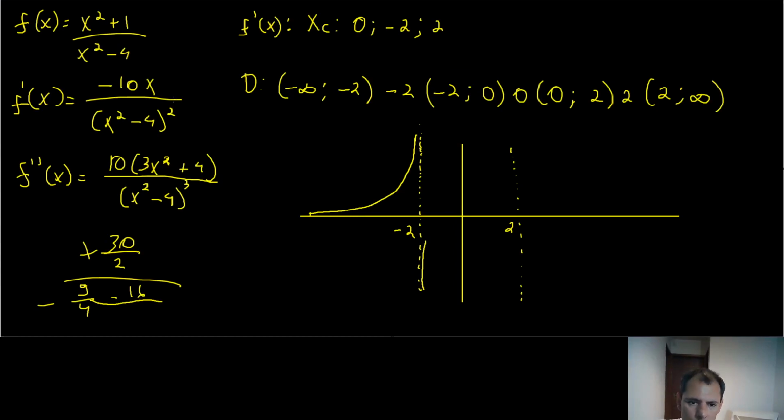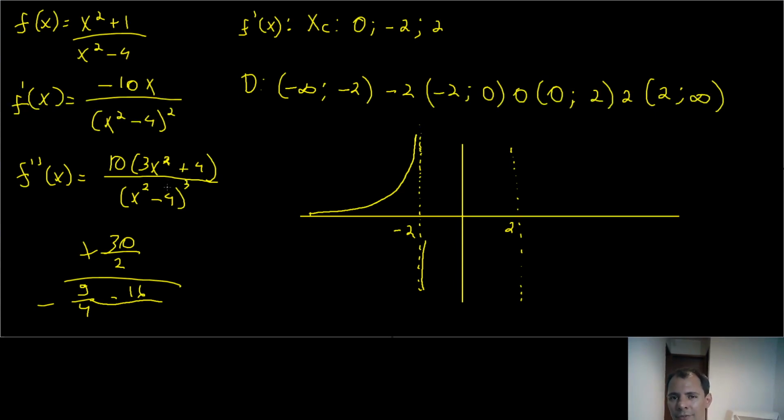Now at 0, the first derivative is going to be 0. So it's a flat line tangent, okay? And the second derivative, just plug in a 0 here, it's going to be 40 over 0 minus x cubed is going to be -64, so it's going to be 40 divided by -64, which is a negative number.